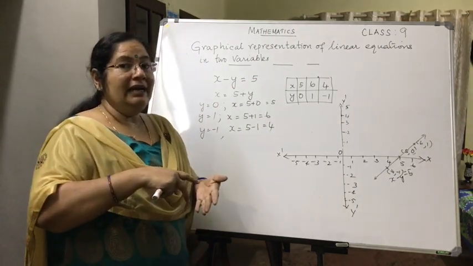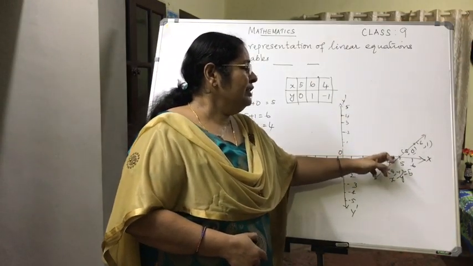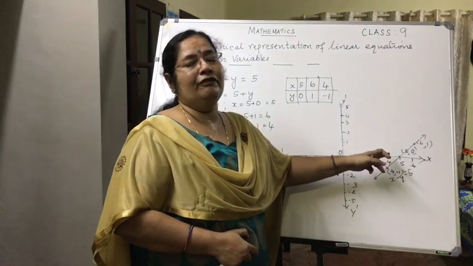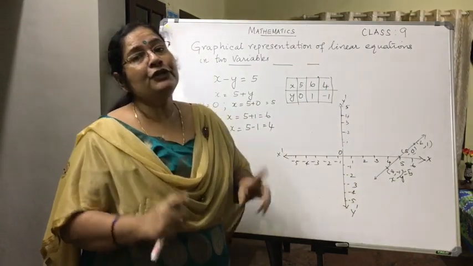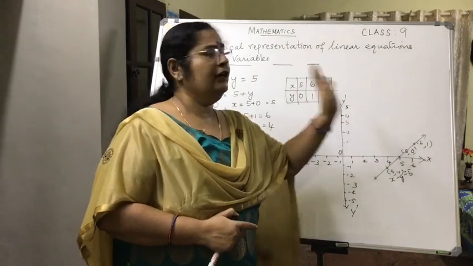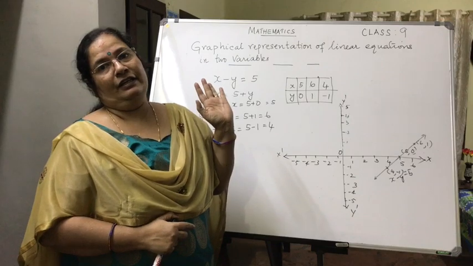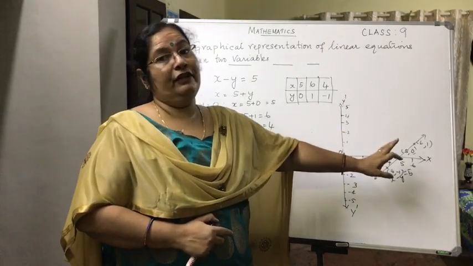On the other hand, the points which lie on the graph are the solutions of the given equation. So any point you take on this graph will be a solution.